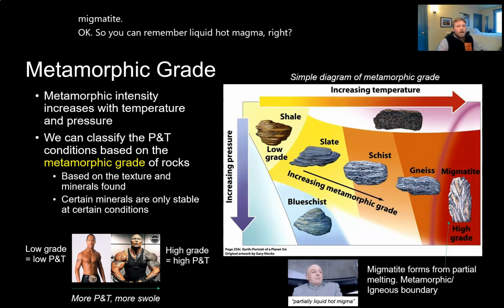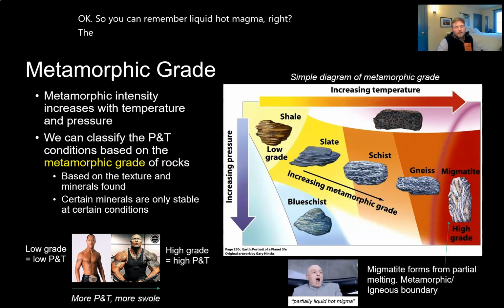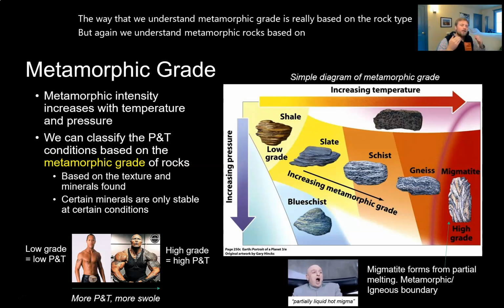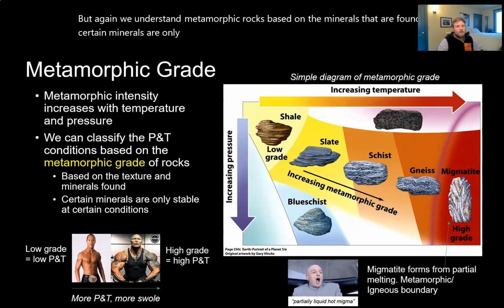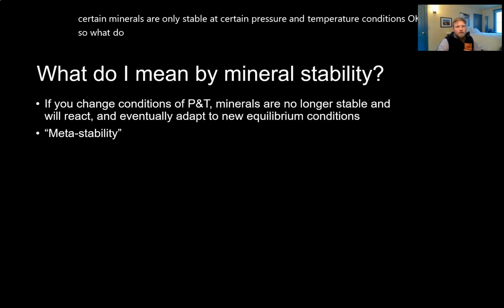The way that we understand metamorphic grade is really based on the rock type, but again, we understand metamorphic rocks based on the minerals that are found. Certain minerals are only stable at certain pressure and temperature conditions, okay? So what do I mean by mineral stability?